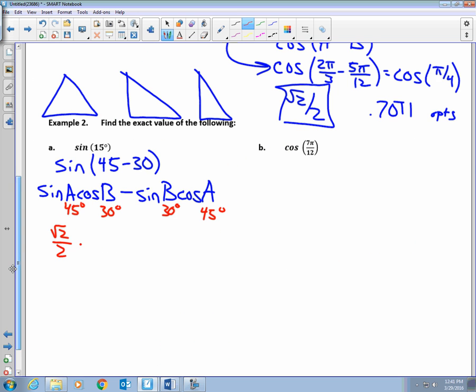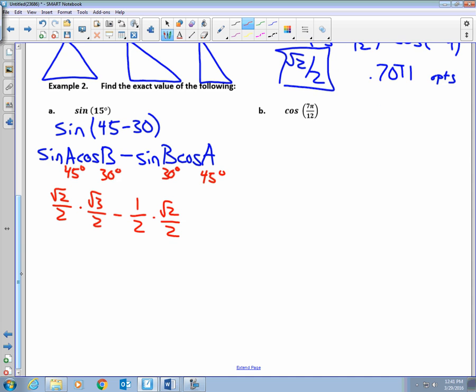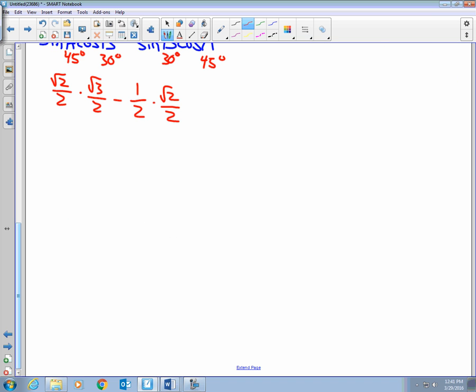Sine is the y value. We're doing cosine of 30. Minus sine of 30. Half. Cosine. Multiply them.